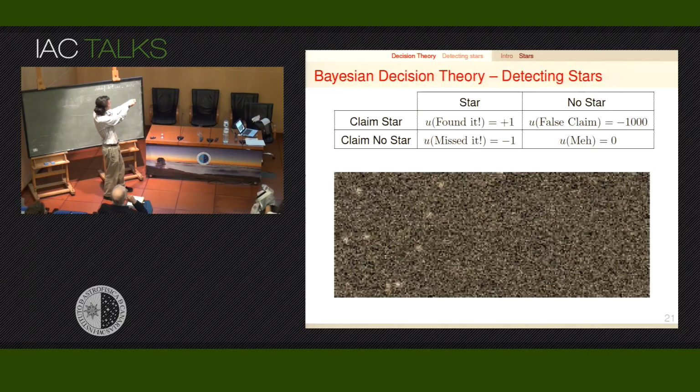We missed something that was there, lose €1. Claimed that there was something there and there wasn't, minus €1,000. And claimed that there was nothing there when there was nothing there, not very exciting. This tells you something about my state of mind, but we'll see that that's actually a pretty common view.